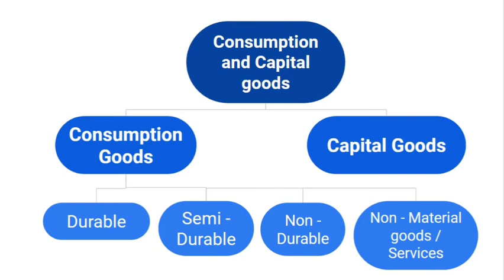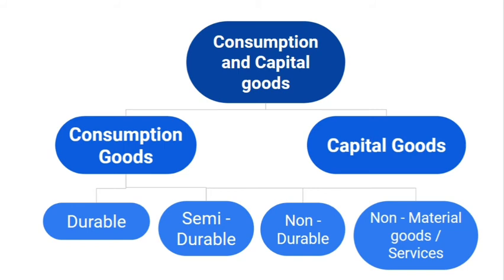Now we talk about consumption and capital goods. Consumption goods are divided into four types. The first is durable. Durable goods are the goods which can be used for more than 1 year, and examples are television or washing machine.